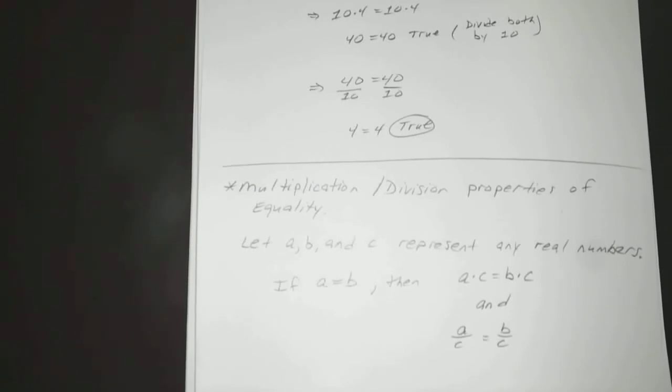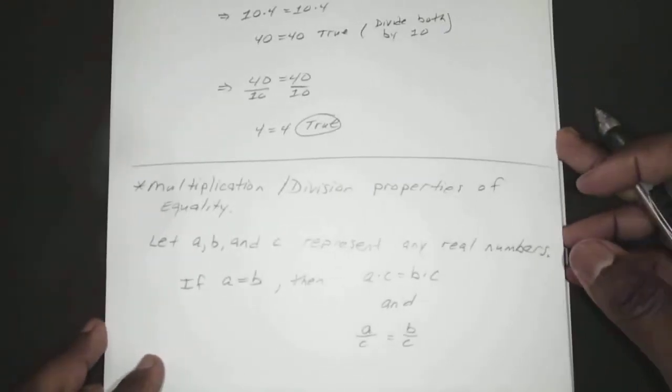So it can be A times C equals B times C, or A divided by C equals B divided by C. Does that make sense? All right. Slide through a little bit.